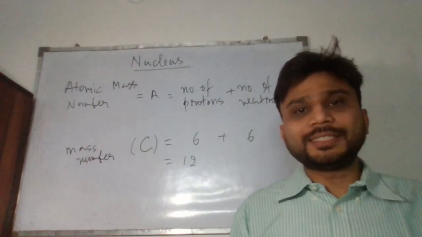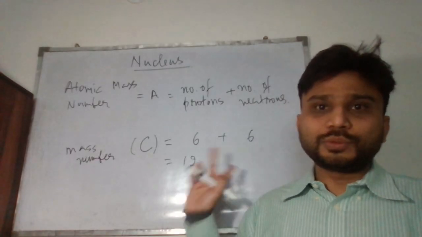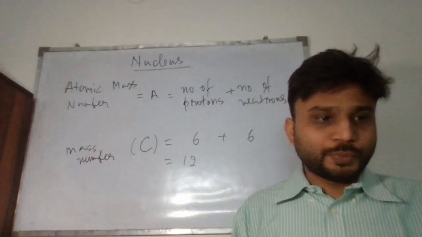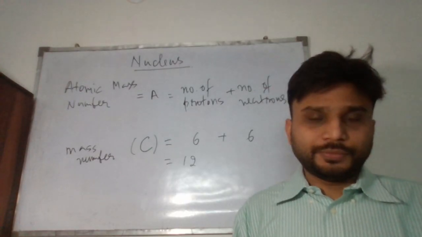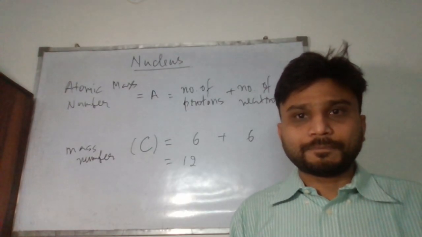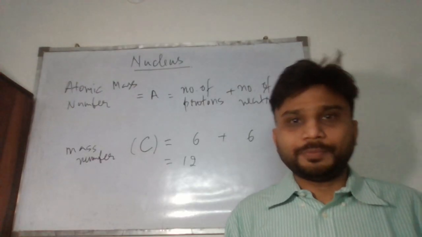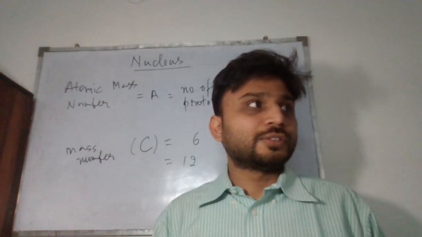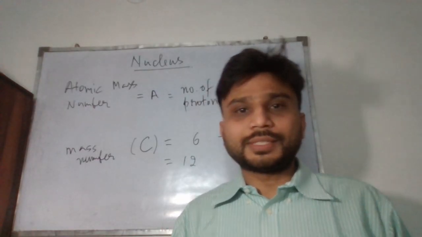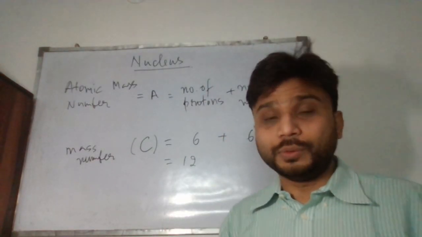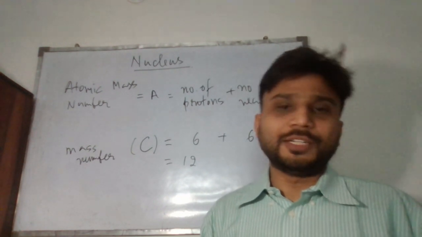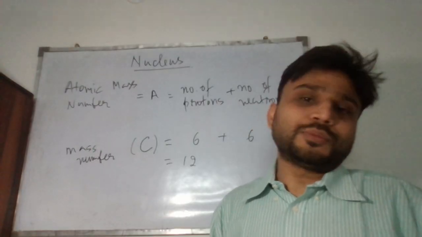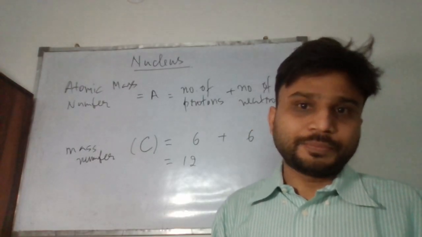In a lot of nuclei, these two numbers are basically equal. That is something which we can take note of. But it's not a rule that the number of protons and number of neutrons are always equal. Sometimes number of neutrons are more than the number of protons.